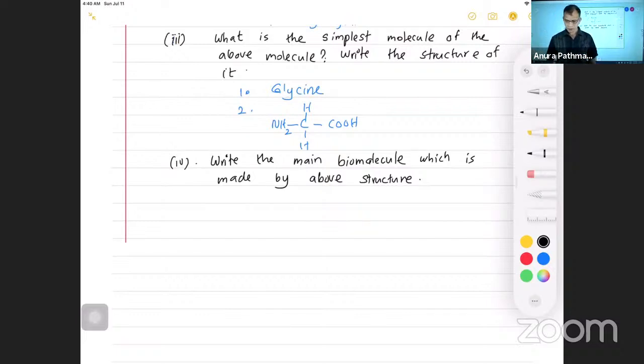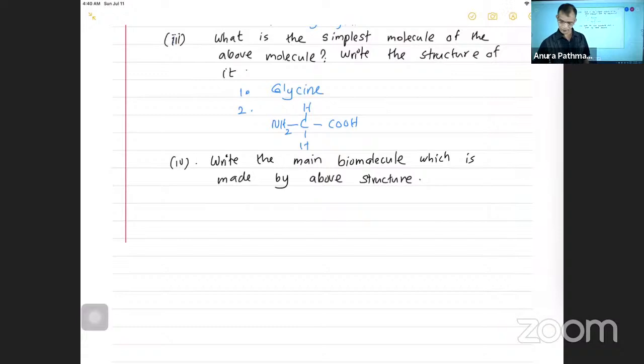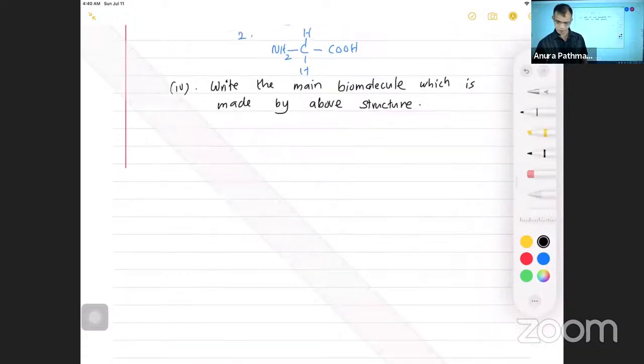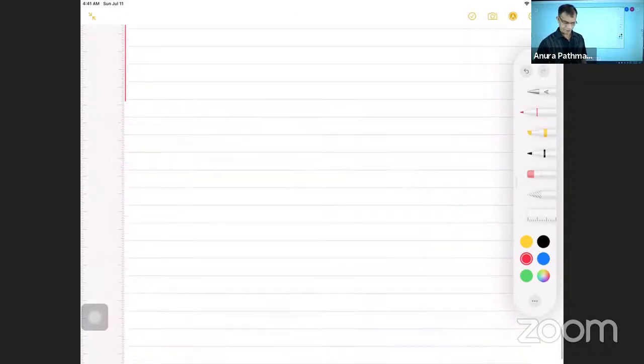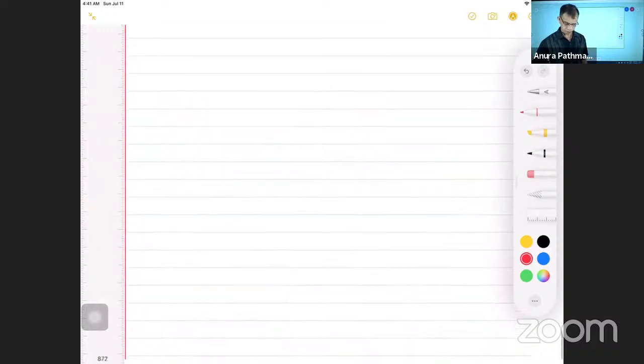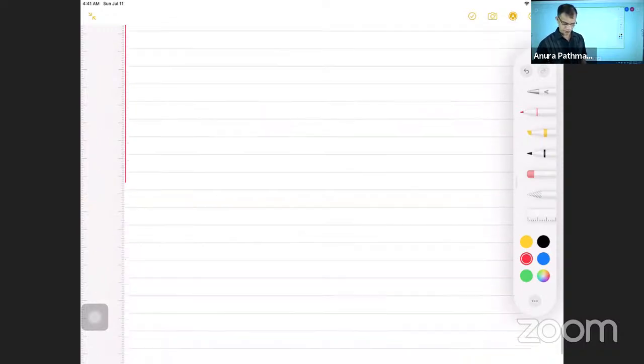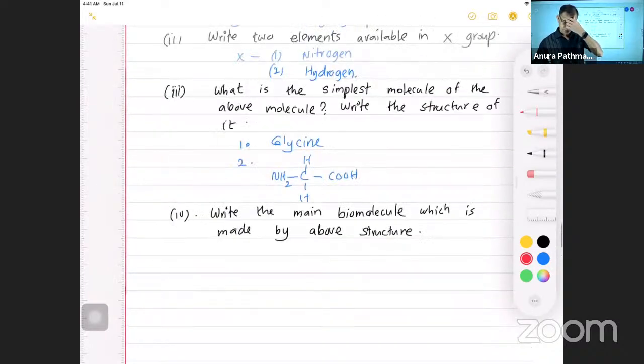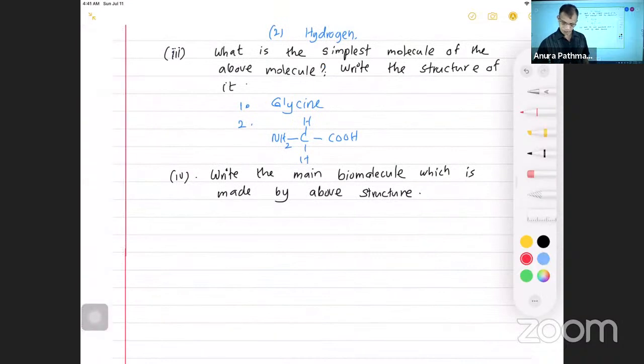Is it protein, lipid, or what? The answer is protein.